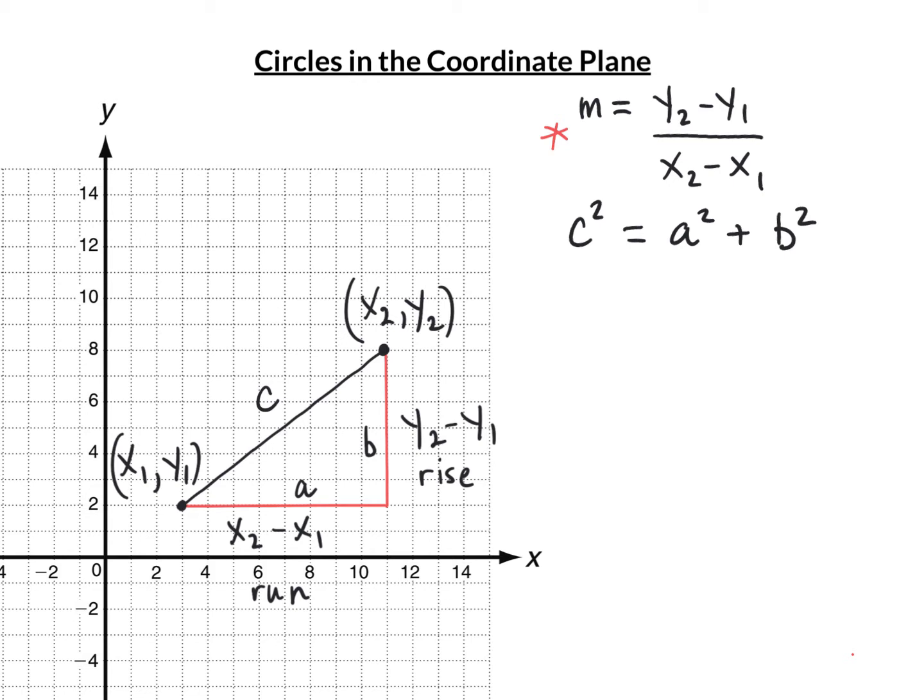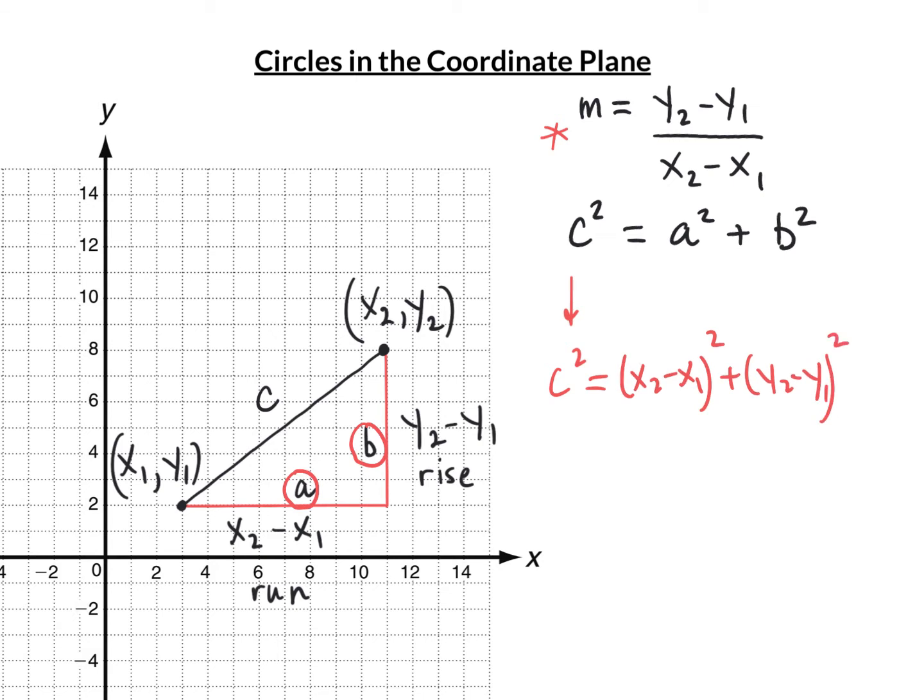If we combine that together with the Pythagorean theorem, a squared plus b squared equals c squared, we can get the distance formula. We have c squared equals a squared, which is x2 minus x1 squared, right here, plus b squared, which is y2 minus y1 squared.